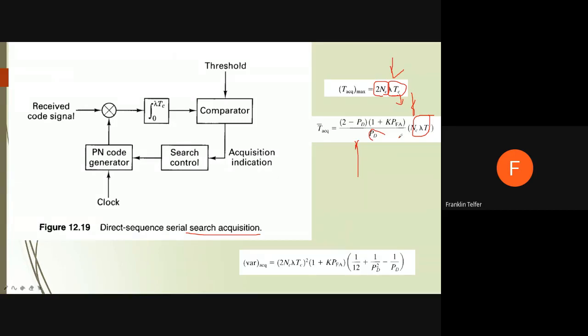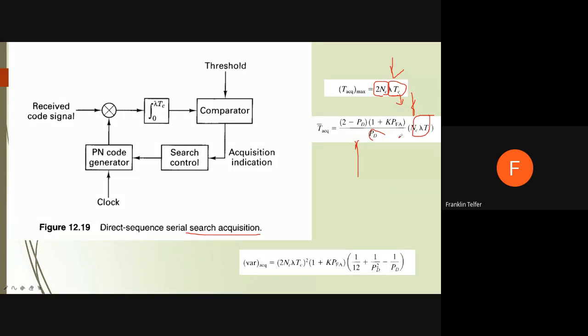One small condition is there: in the event of a false alarm, there is a chance of false alarm in a circuit. In that case, K lambda TC is a time penalty incurred. So K, lambda, and TC should be properly synchronized.